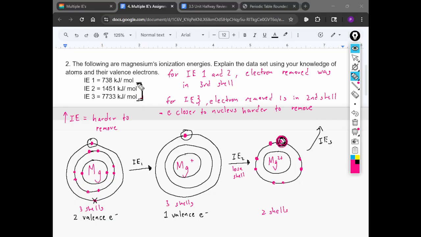And that is the reason why IE3 is so much bigger than IE1 and IE2. It's because you're not taking away from the 3rd shell anymore, you're taking it away from the 2nd shell. And so that is what you want to identify. And that's the type of questions on your assignment and on your exam for these multiple IEs.